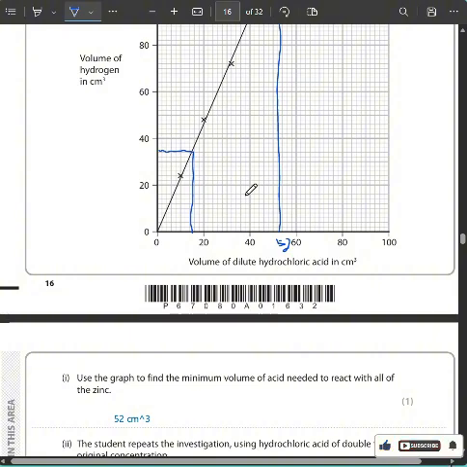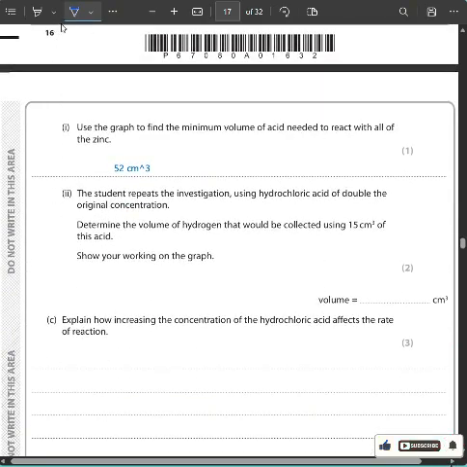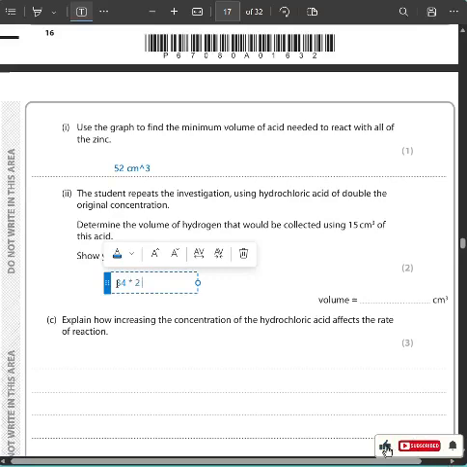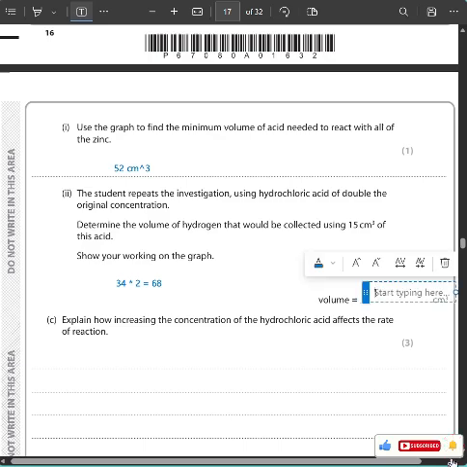The volume of hydrogen from the graph is 34, and if you multiply it by 2, it will be 68. And the final answer is 68. Next one.